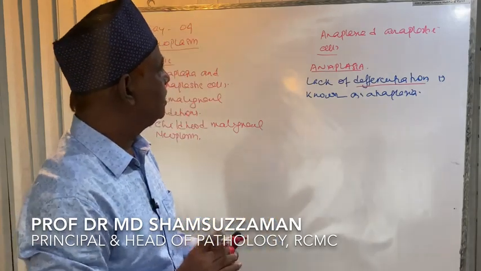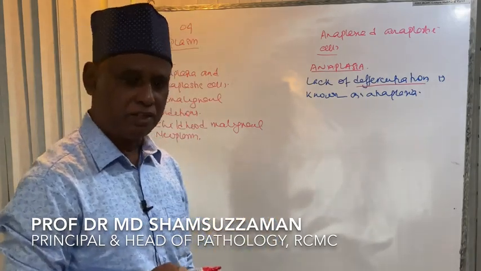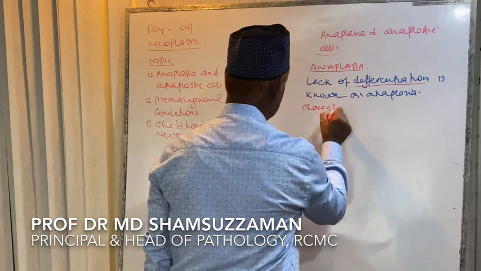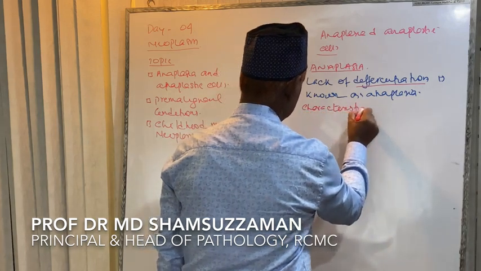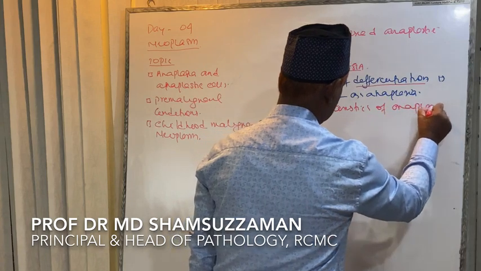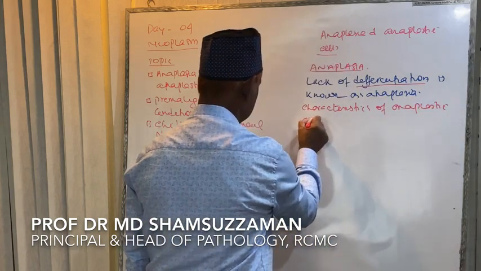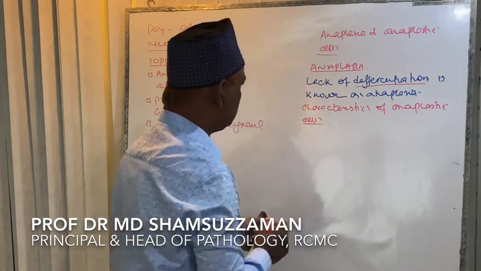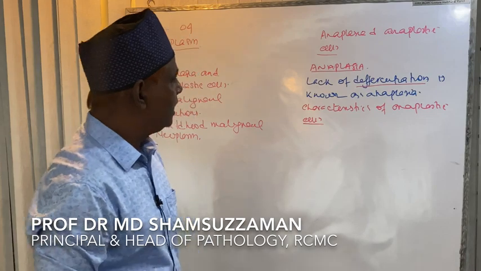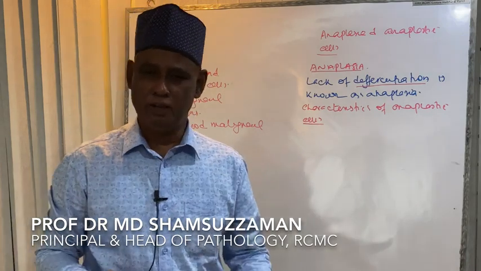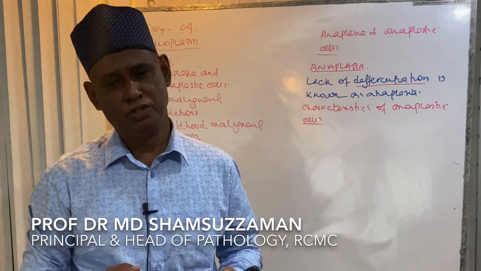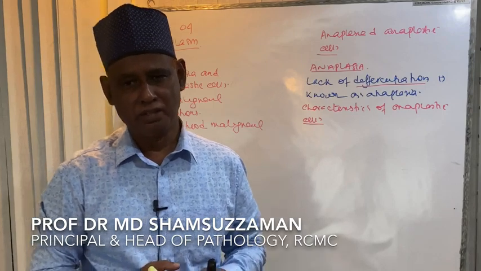Now come to characteristics of anaplastic cells. Again, lack of differentiation is called anaplasia, and the cells with lack of differentiation are called anaplastic cells.